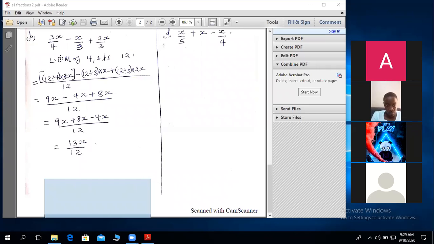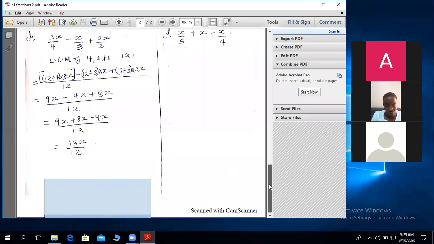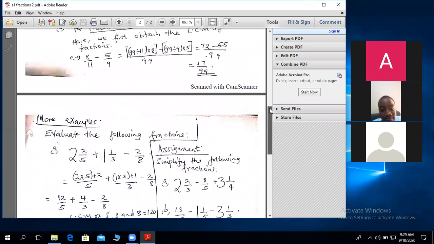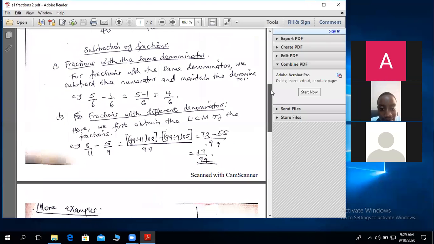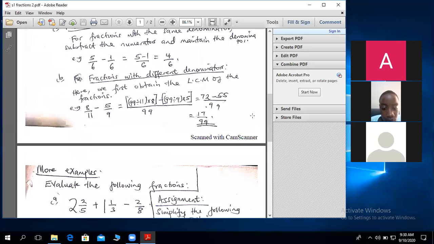So my caution to you is to be very careful, most especially when the denominators are different. You don't have any reason to rush here. Take your time slowly and work out this thing. Use your calculator when you are dividing. Don't over rely on your head. I have always told you, it is in primary where we use it to stop you from using your calculator.